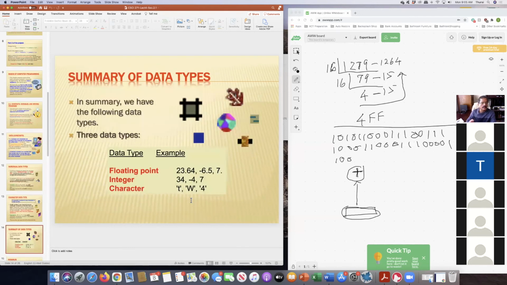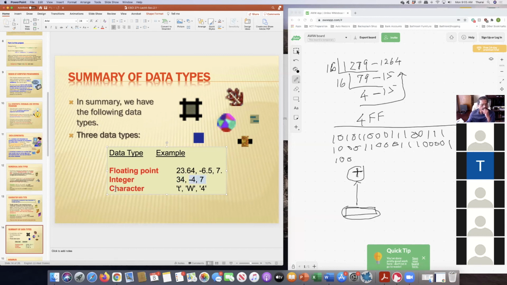Okay, so a summary of the data types. There are 3 data types that we have learned so far. These are called data types. Floating point data type: data is floating point data if it qualifies as numeric data and it has a decimal point. So these are the examples. The data will be integer if it is integer type. 34, -4, 7, these are integer type.